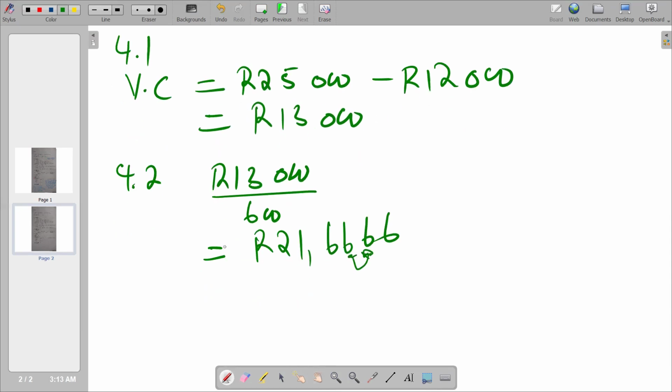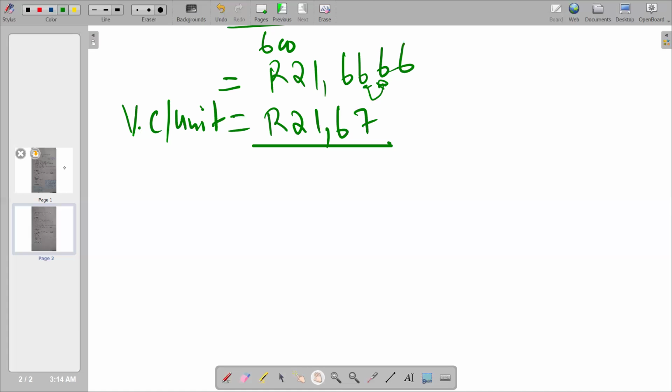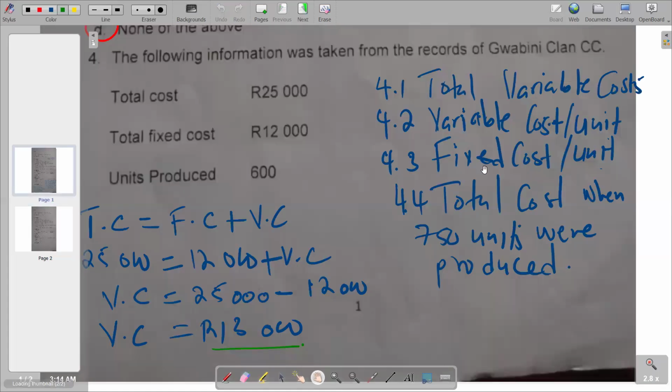So it becomes 21 rands 67 cents. So this becomes our variable cost per unit. Then we move on to our next calculation, which is going to be fixed cost per unit.